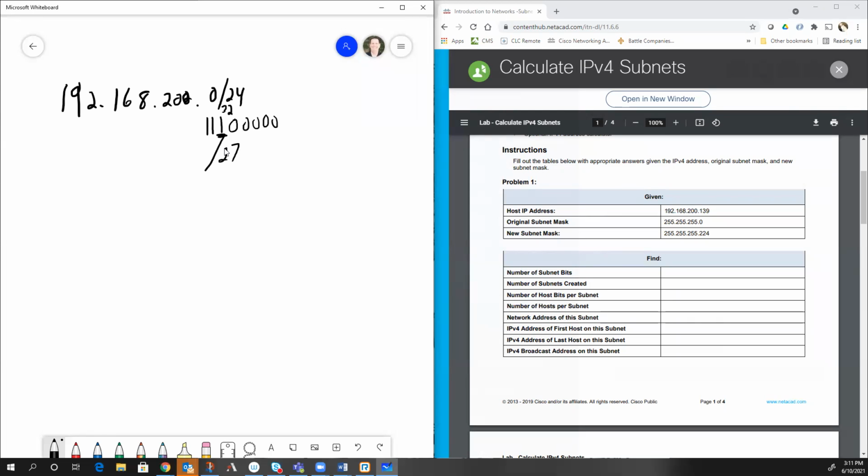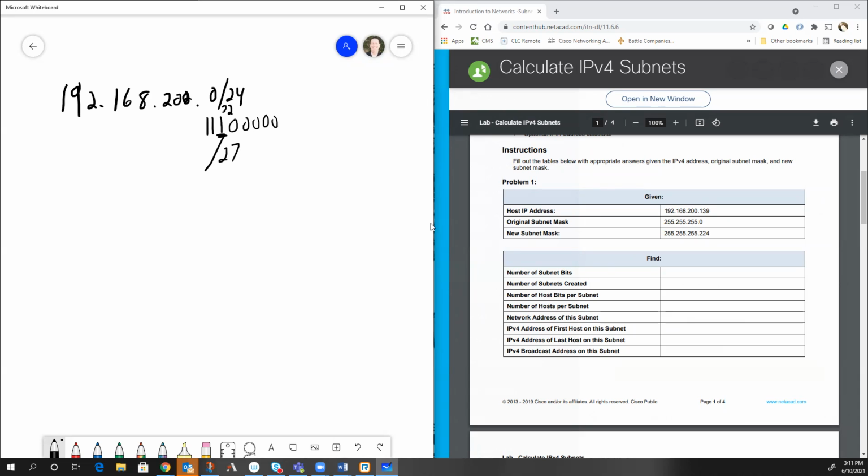All right. So the number of subnet bits, how many subnet bits do we have? Okay. We had 24 network bits. If we use this new subnet mask of 255.255.255.224, how many subnet bits do we have? All right, y'all, you're gonna have to be a little more interactive here.